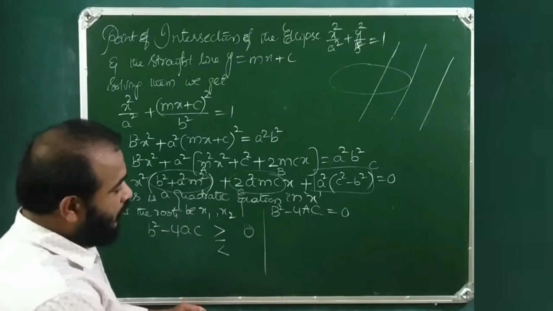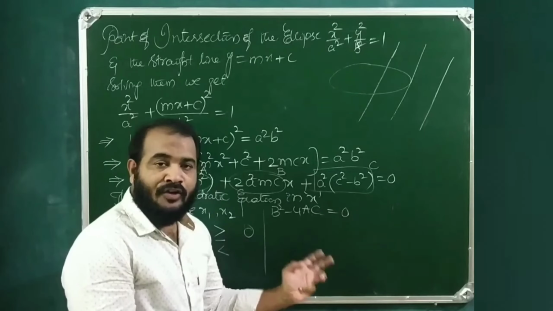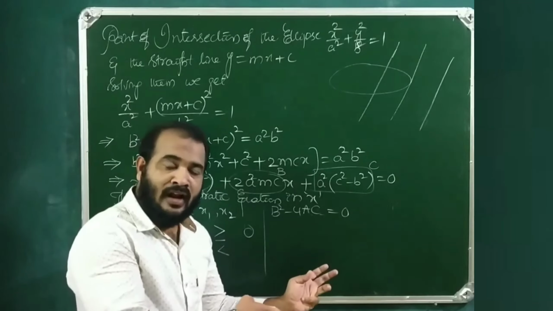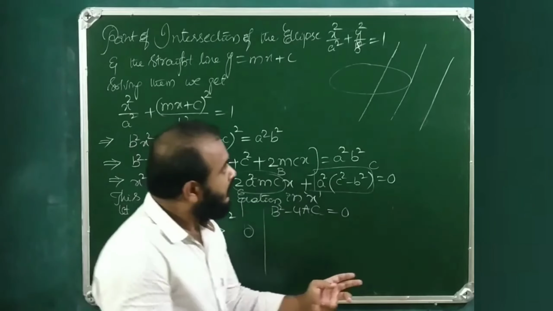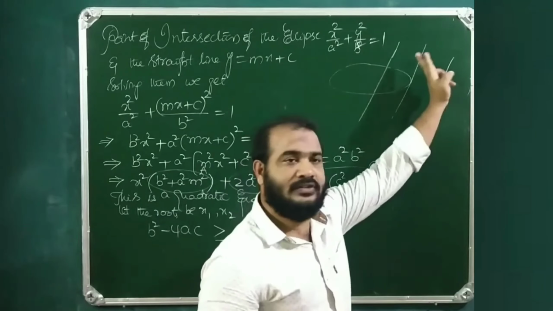The objective behind doing this is that we are trying to establish a relation for when this straight line touches this ellipse.